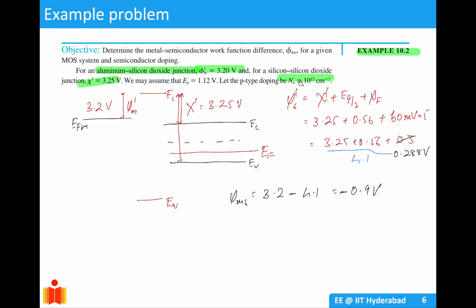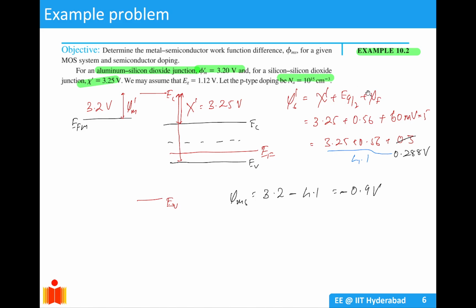Let the p-type doping be Na equals 10 to the 15 per centimeter cube. So you are given the metal work function as 3.2 volts, and the electron affinity for silicon as 3.25 volts. You have to calculate the phi ms, where doping is Na equals 10 to the 15 per centimeter cube.